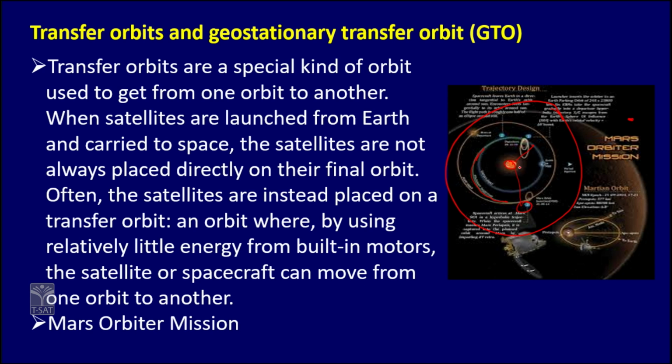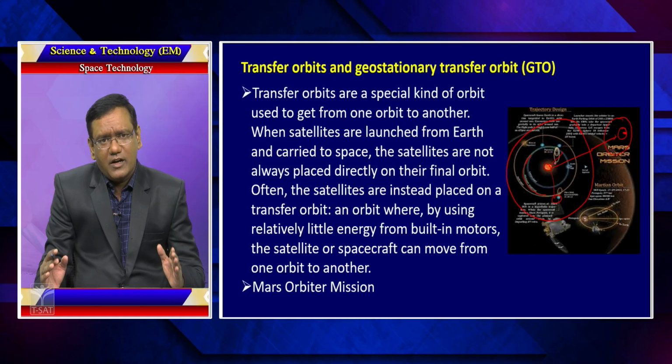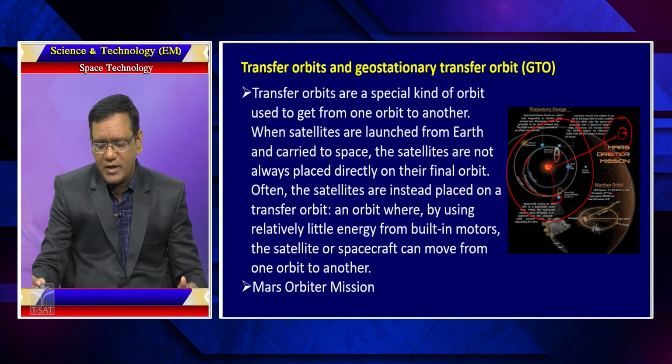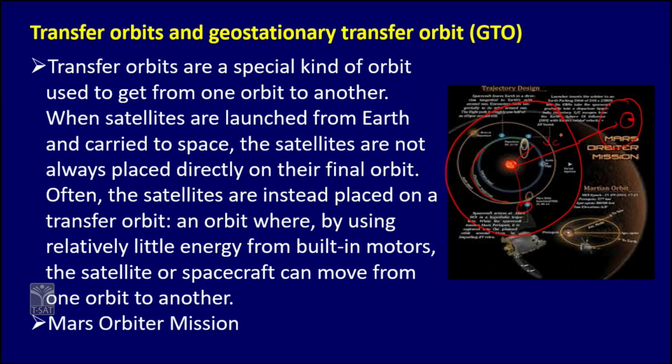If you want to send a satellite beyond the influence of the Earth, and it goes near this Mars, then what happens? The satellite comes in the vicinity of, in the influence of, this Mars, and it will revolve around the Mars.